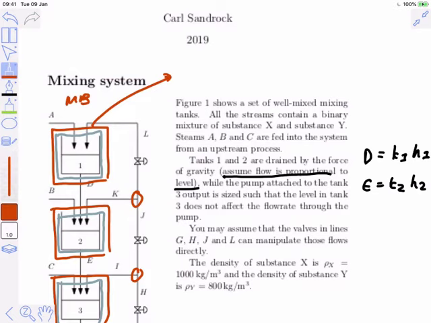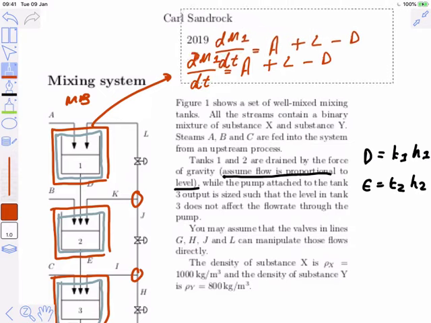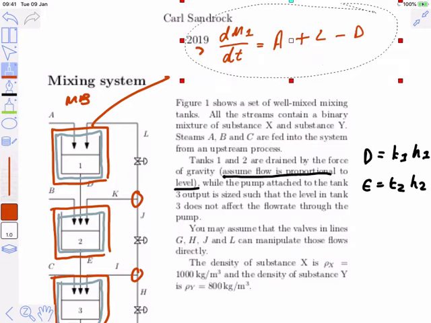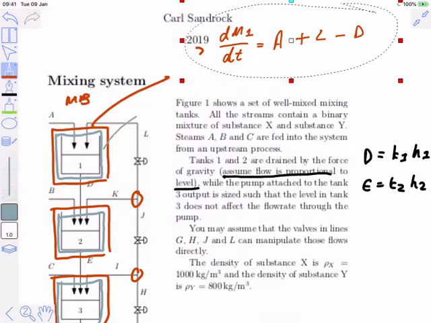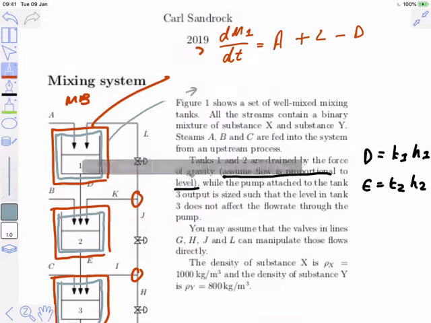So I like the symmetry of writing this mass balance in this form, which is dm1/dt is equal to A plus B plus A plus L minus D. And the symmetry that I'm talking about is that the symmetric component balance works out like this.